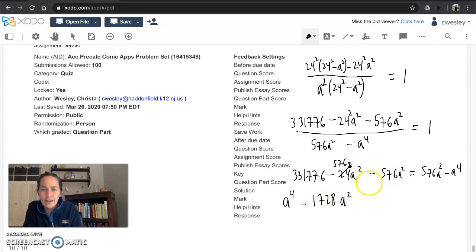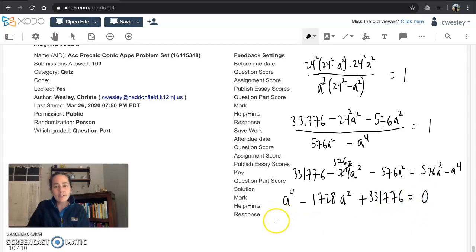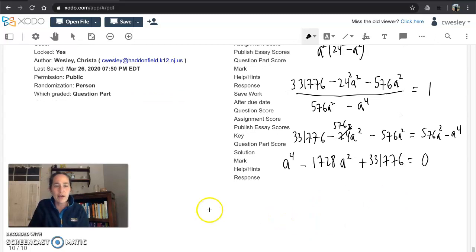So try that. And do I have a constant? The constant is that big number, 331776, equals 0. So when's the last time you solved a quadratic function without graphing on a calculator? Today's going to be the day. We can treat this in a quadratic form and use the quadratic formula.